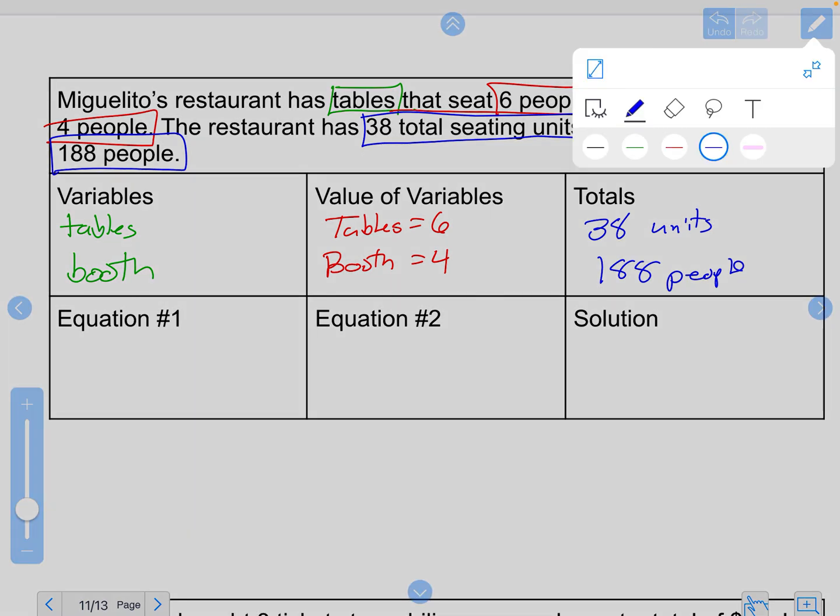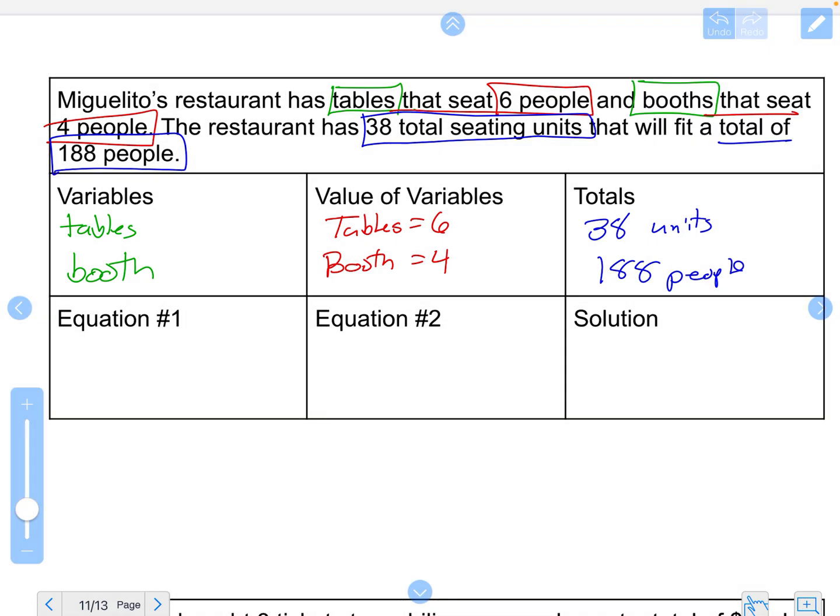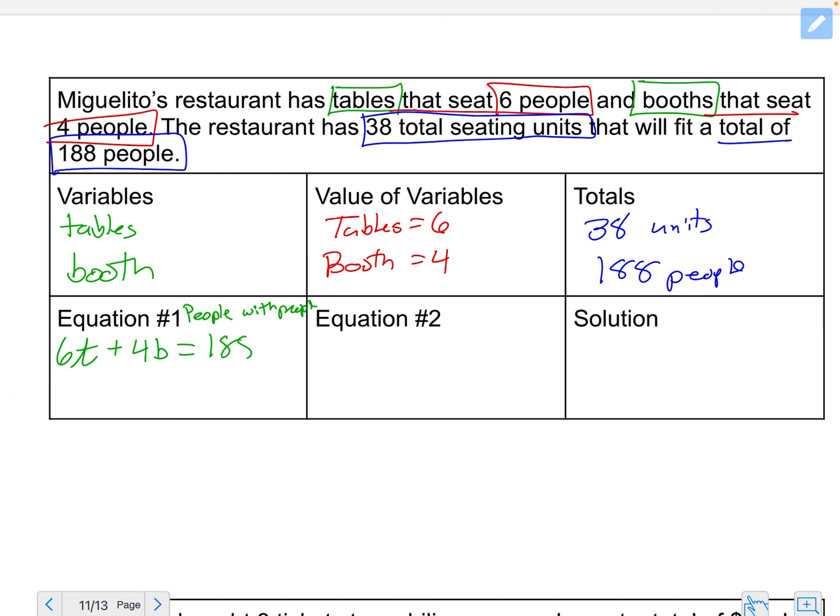So again, money goes with money, pounds go with pounds, cubic feet go with cubic feet. So people are going to go with people. So if I know that tables seat 6 people, and I know that booths seat 4 people, and the total number of people in the restaurant is 188.